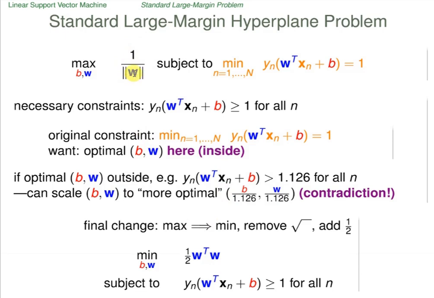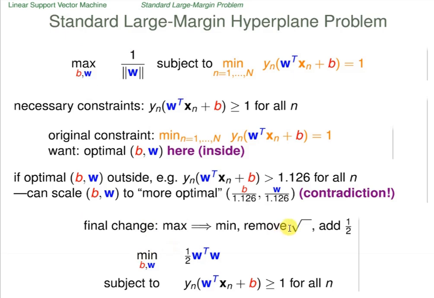We can make final changes as follows. Instead of maximizing, we can equivalently minimize the following objective, 1 over 2 times the norm squared. First, this is a maximization, so to maximize this objective, we can minimize the norm of the weight. So in the first place, we convert maximization into minimization. Minimizing the following term will maximize the original objective function. So we change from max to min, first step.